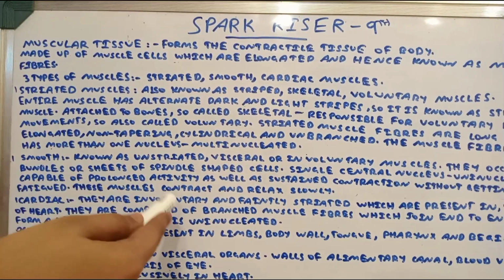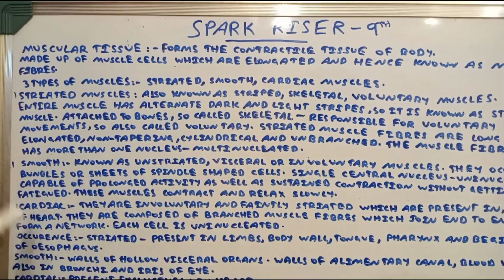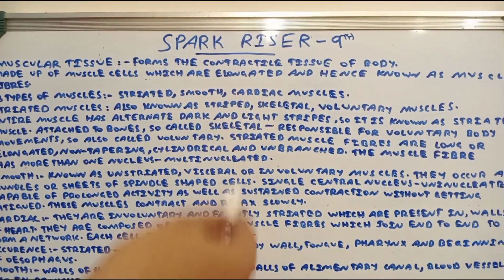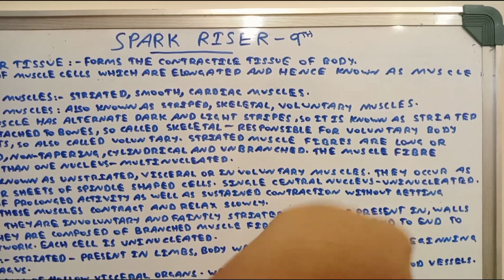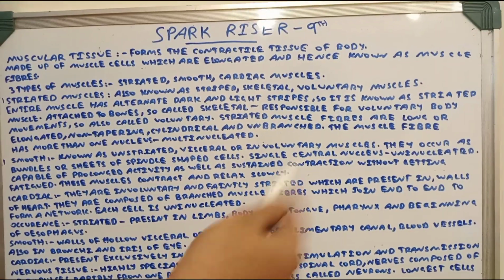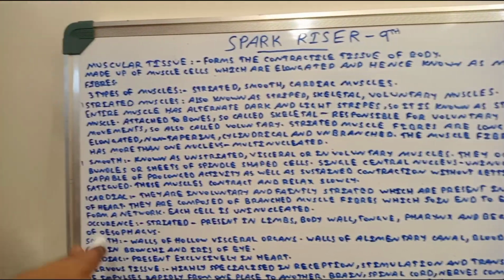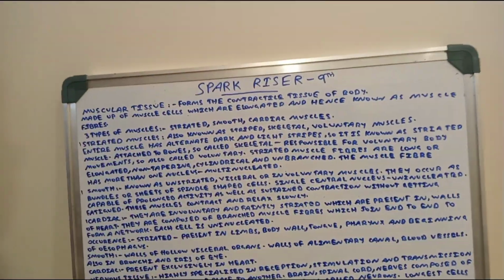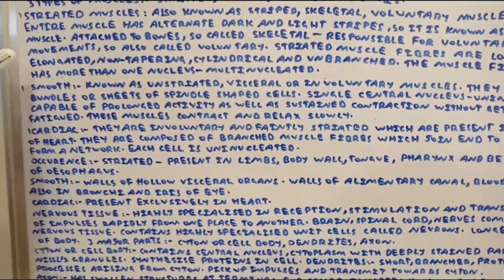So these muscles contract and relax slowly. Next, the cardiac muscles. They are involuntary and faintly striated, present in the walls of the heart, and they are composed of branched muscle fibers which join end to end to form a network, and each cell is uninucleated, meaning single nucleus.